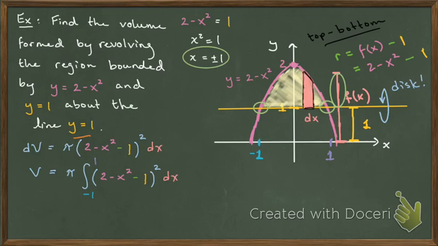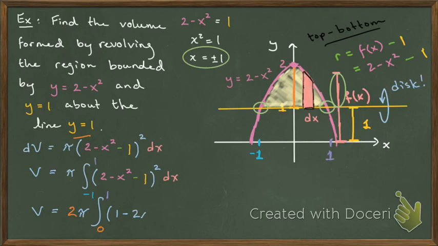I want you to also notice that the region I'm working with here is symmetric, right? It's symmetric about the y-axis. So I can split things up and integrate not from minus 1 to 1, but from 0 to 1 and double it. All right? That's not necessarily required, but if symmetry is available, it usually makes the integration easier.